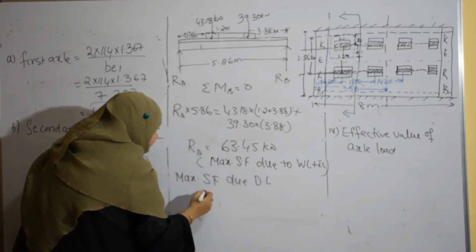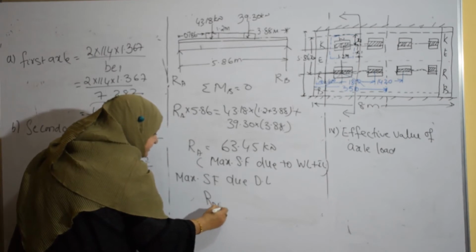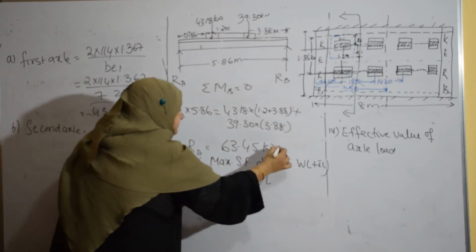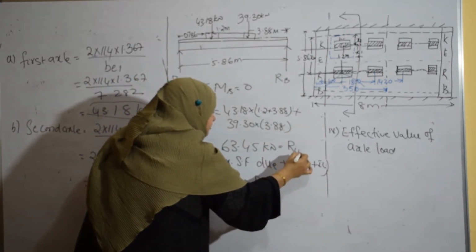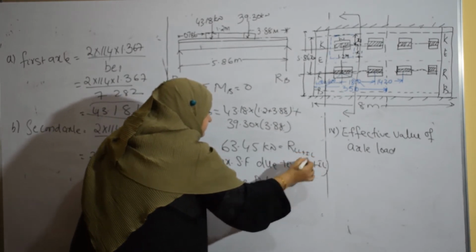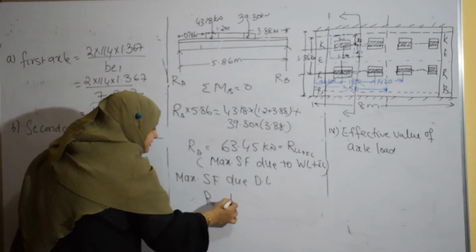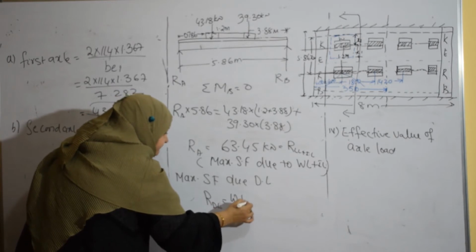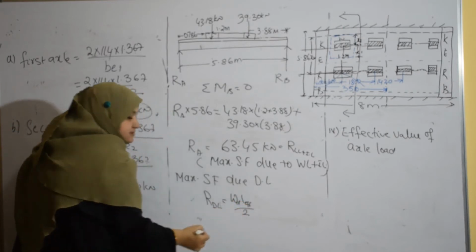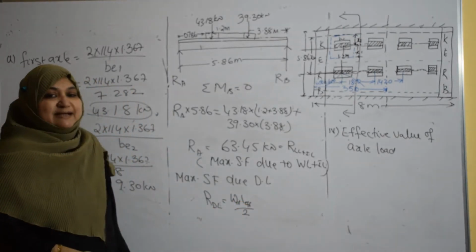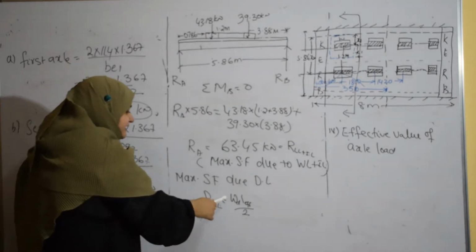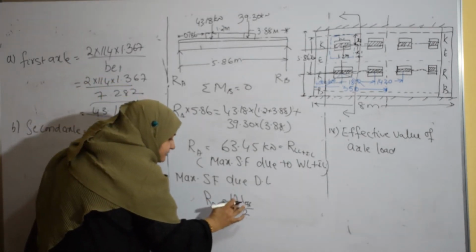If I write it as RDL, dead load, this is live load plus impact load. So that is equal to WD into L effective by 2, because WL by 2 is the shear force formula. So W should be the dead load.